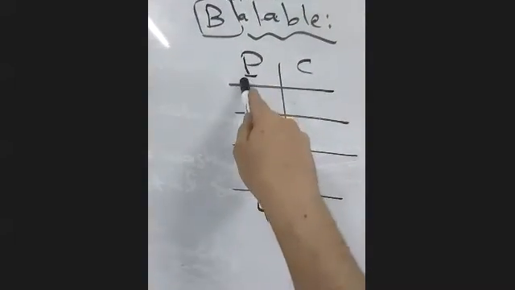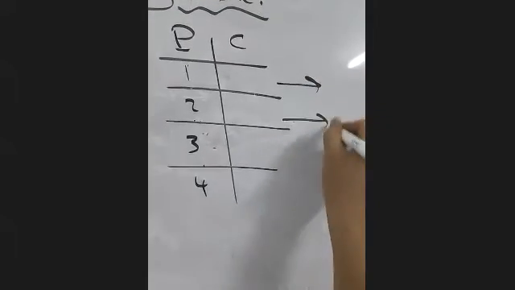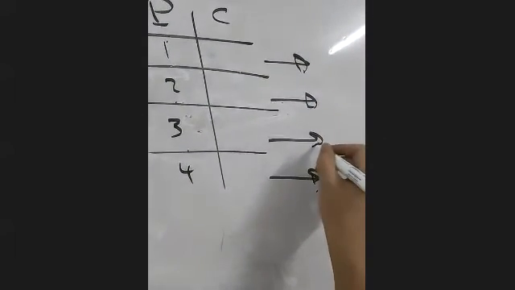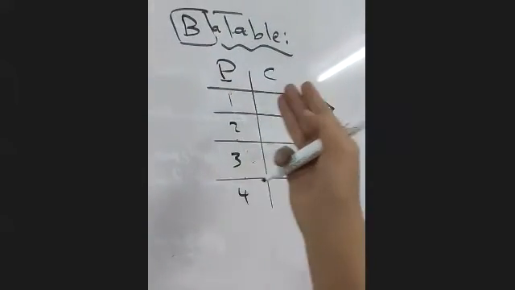How, mister? I will find C if P is 1. What will I do? Multiply or no? Focus, my son, focus. I want to fill the table, okay? Come on. If P is 1, I want the value of C. How?